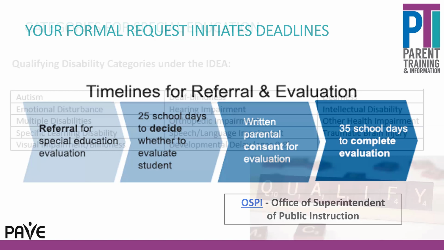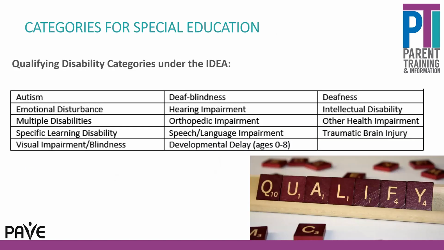If the evaluation indicates that a student has a qualifying disability, the impairment will meet criteria in one of the 14 categories listed on this slide. These categories are broad and capture a wide variety of conditions that can cause barriers to learning. For example, other health impairment is a catch-all for ADHD and many other disabilities related to specific medical diagnoses.